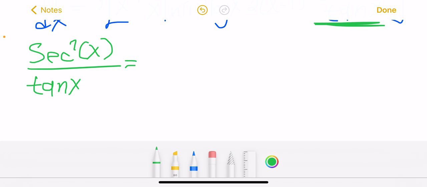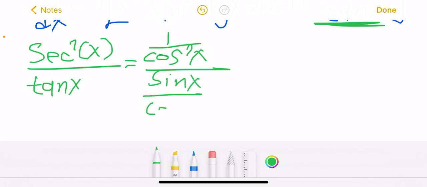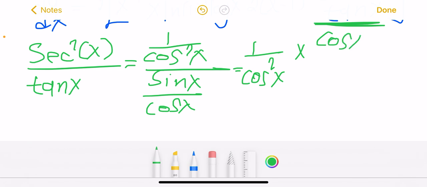Therefore, it means we will have 1 over cos squared of x, as secant is squared, over tan x. And we know tan x is equal to what? Sin x over cos x. Okay, now you just have to simplify further. 1 over cos squared of x multiplied by, and then cos goes on the top, cos x over sin x.